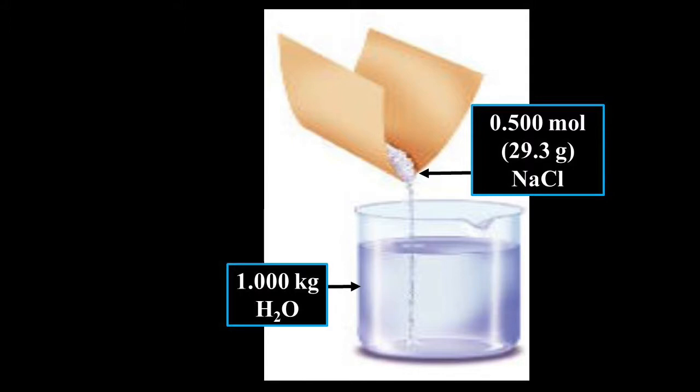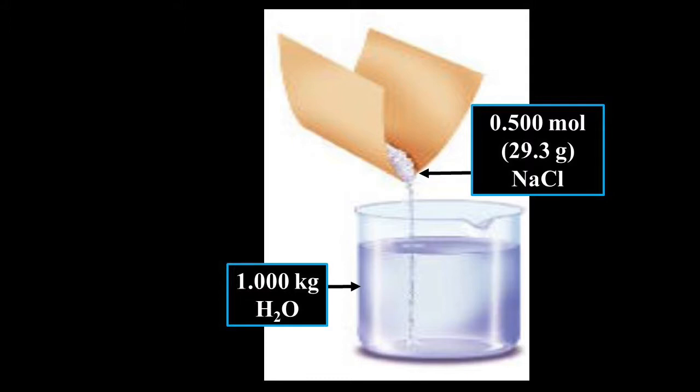This shows concentration, a molal concentration, 0.5 moles of sodium chloride, 29.3 grams in 1 kilogram of water. So you take 1 kilogram of water and you put in the solute. Okay, this is going to be a 0.5 molal solution, as opposed to putting the solute in and raising it up to 1,000 milliliters.